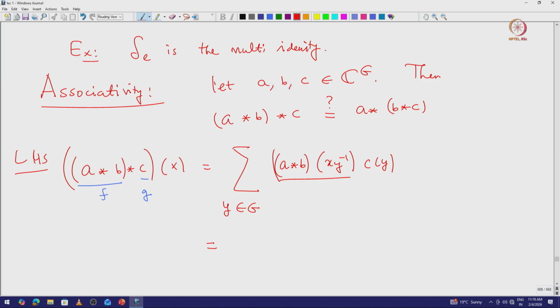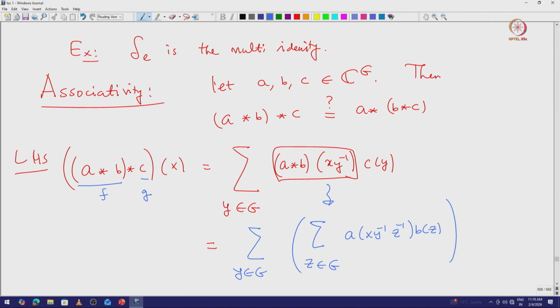If we replace this with the definition of a star b, then this is the summation over y in G that we will keep, and then the summation over z in G of a of x y inverse z inverse, and then b of z, and then we multiply by c of y.